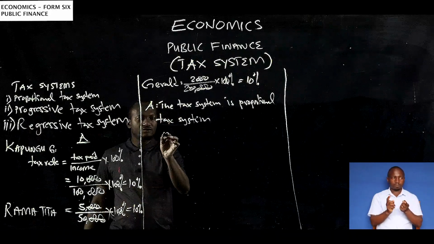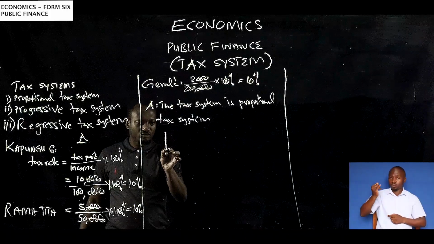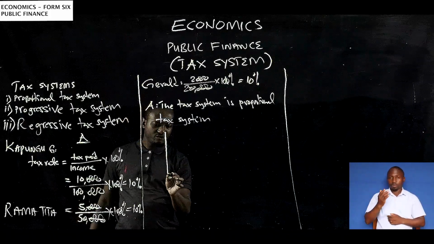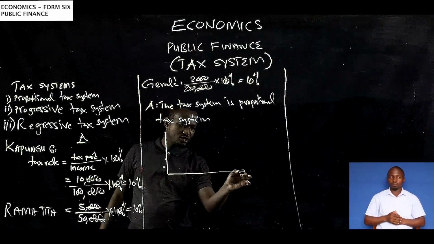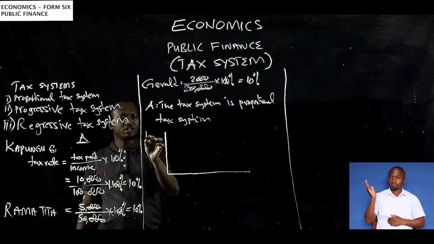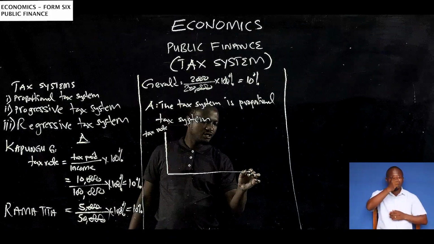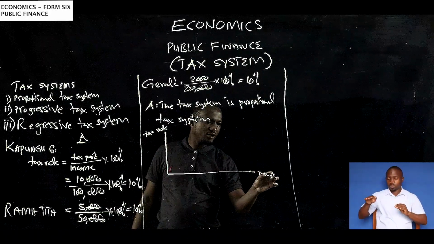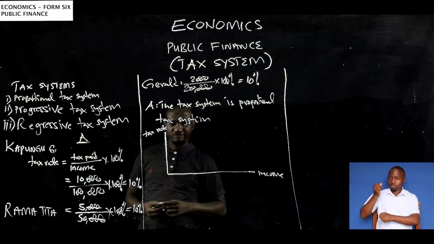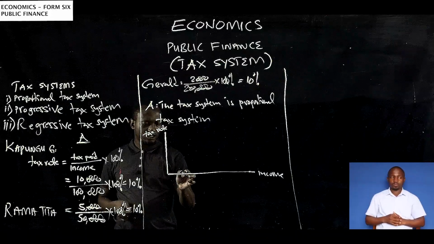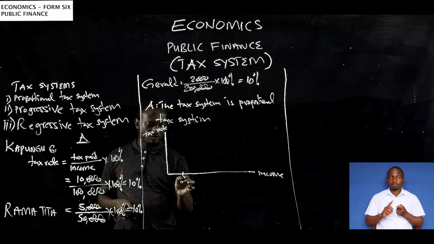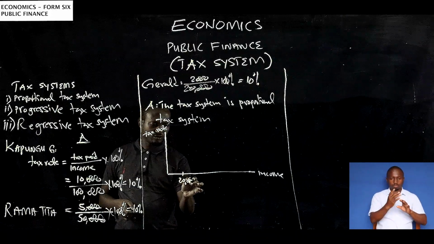And graphically, we can draw the graph of proportional like this. We can put here tax rate, here level of income. The lowest income was 20,000.